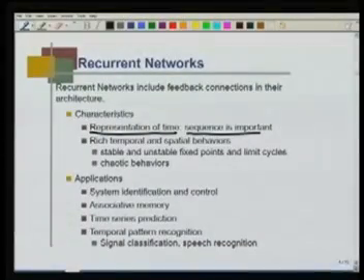The applications of recurrent networks are system identification and control, associative memory, time series prediction, temporal pattern recognition, signal classification, and speech recognition. Signal classification and speech recognition are all temporal pattern recognition problems.